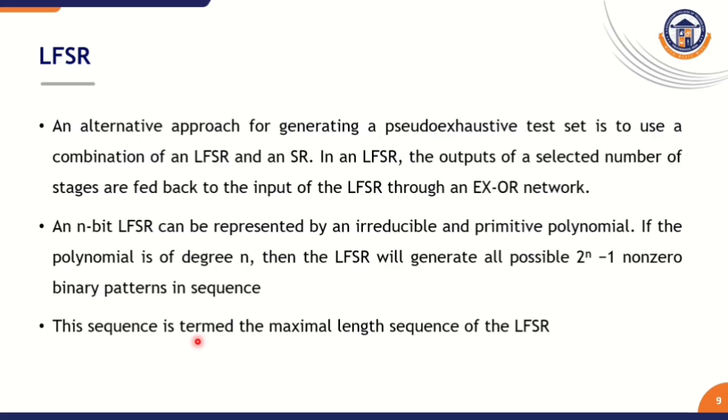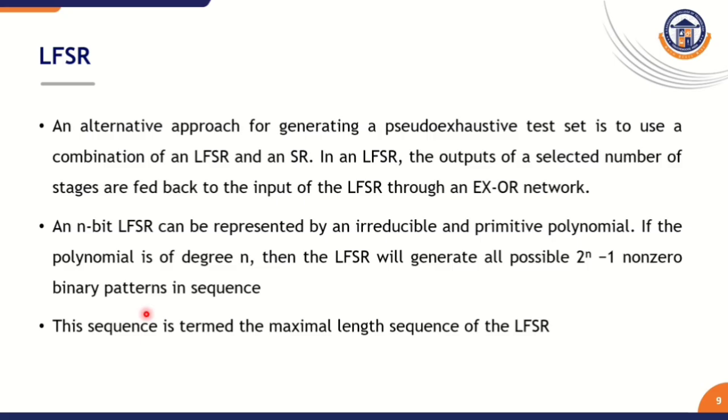In an LFSR, the outputs of selected stages are fed back through XOR gates to the input. An n-bit LFSR can be represented using an irreducible and primitive polynomial. If the polynomial is of degree n, the LFSR generates 2 power n minus 1 non-zero binary patterns in sequence.